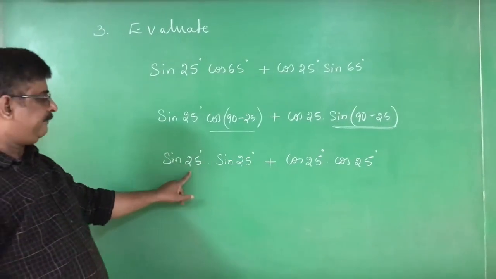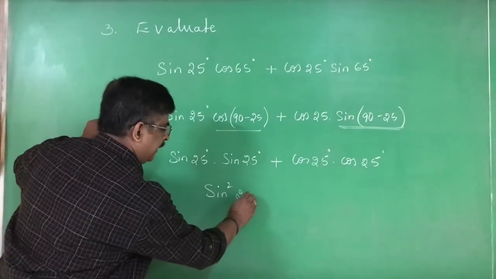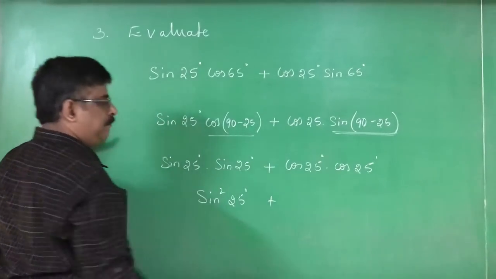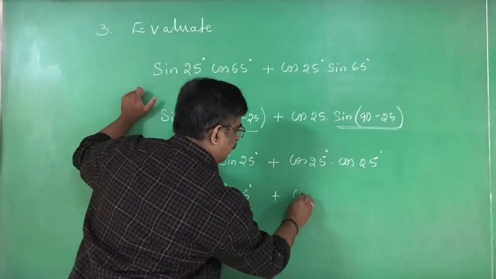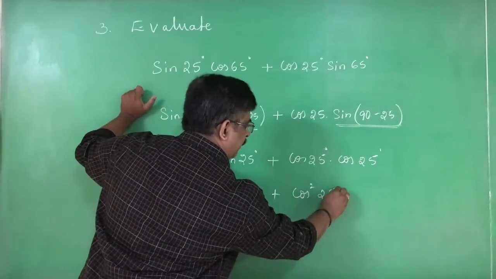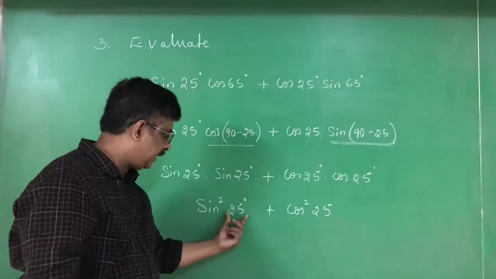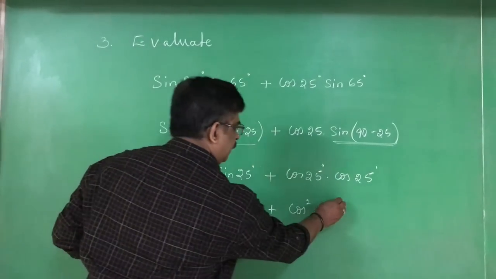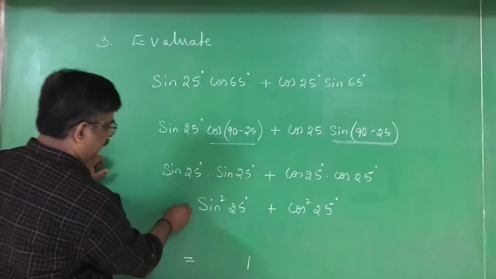Now, sin 25 into sin 25, sin square 25 degrees, plus cos 25 into cos 25, cos square 25. Now we are using the identity sin square theta plus cos square theta is equal to 1. Theta is 25 in both. 1 is the answer.